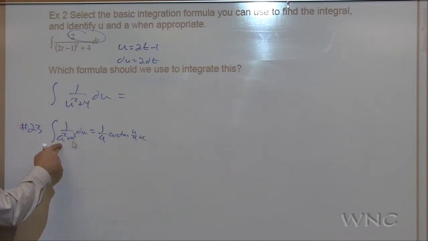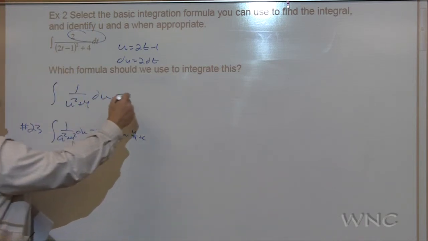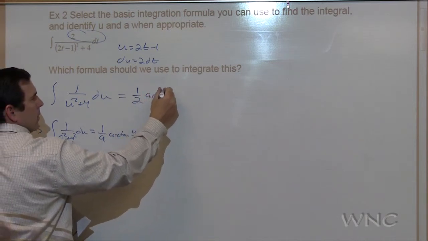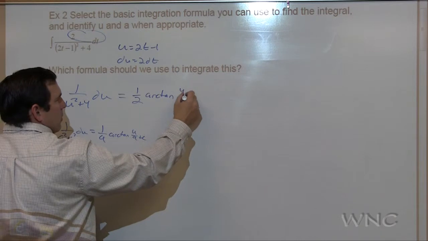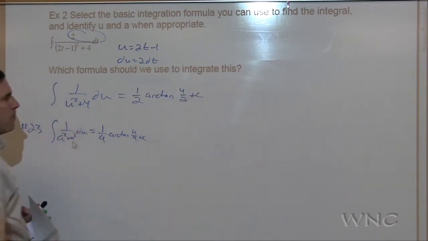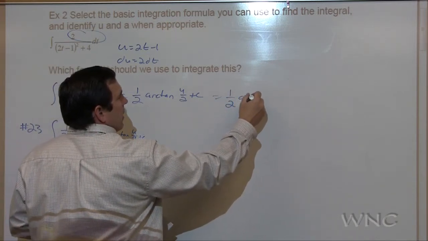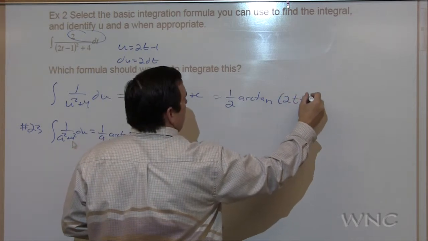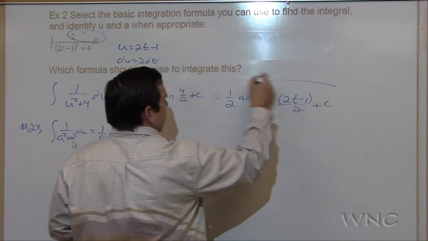Now my a squared is 4, so a must be 2. We're talking 1/2 arctan of u over 2 plus c, which is going to be 1/2 arctan of 2t minus 1 over 2 plus c.